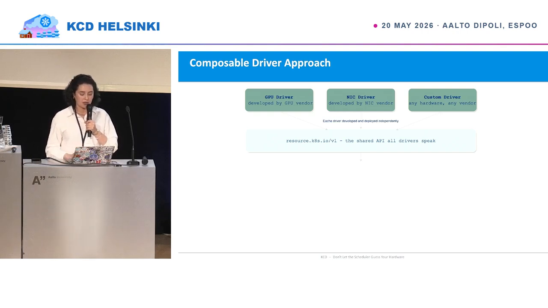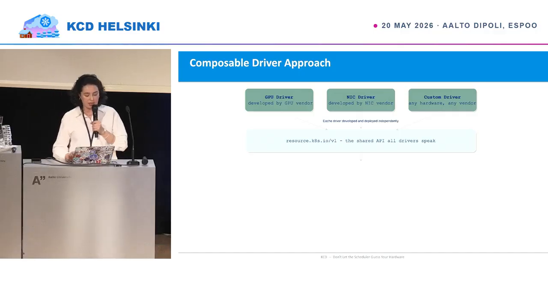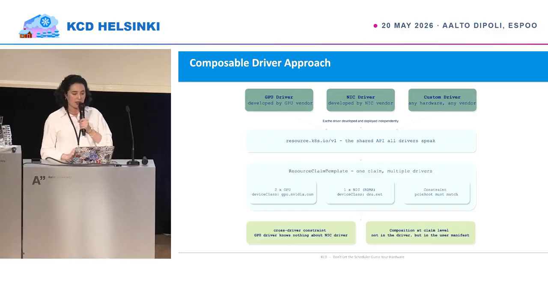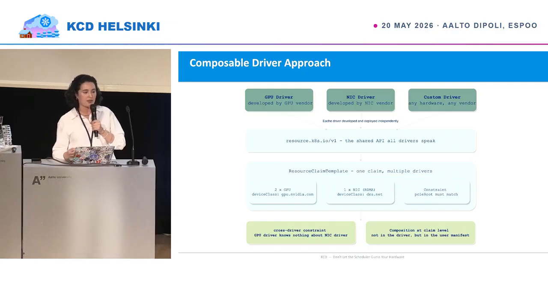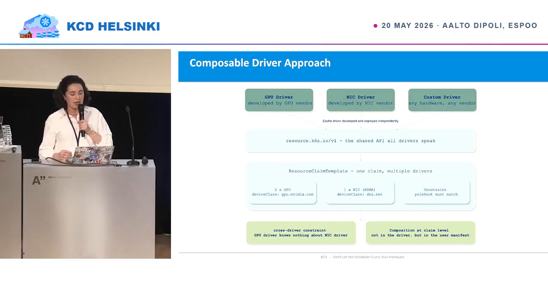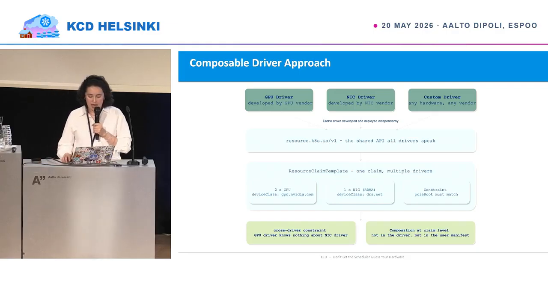But since they are all talking to the same Kubernetes API, with a single simple claim, we can compose a hardware profile by combining different devices from the set of drivers that we are publishing for each node and enforcing some collocation requirements between them. And this gets evaluated at the scheduler level, not at the driver's level.